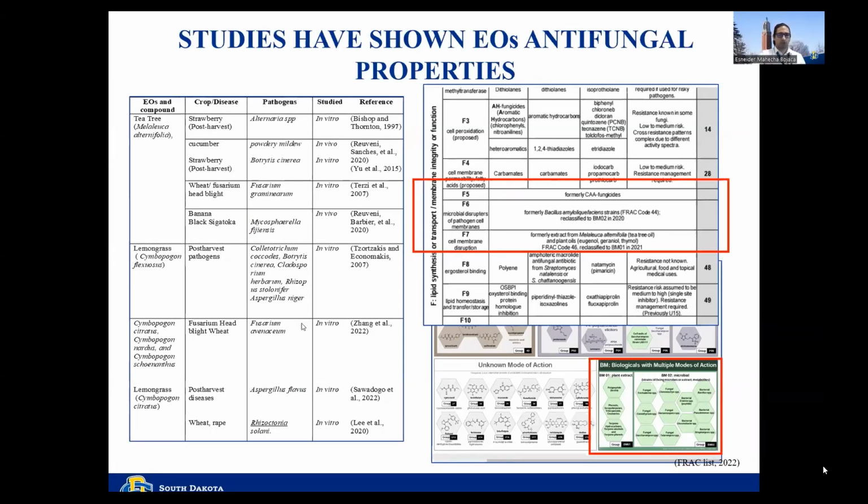Also, they now appear in the FRAC code, the Fungicide Resistance Action Committee table, as a new item. For example, Melaleuca alternifolia appears, and also derivative compounds like sesquiterpenes or terpenoids, as biologicals with multiple modes of action. That means we have a new tool for the control of fungal disease in field crops, and in crops in general.